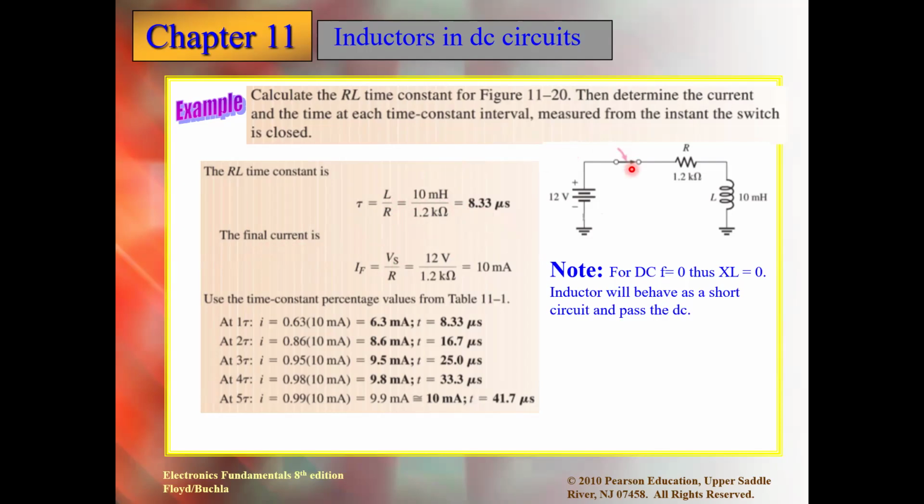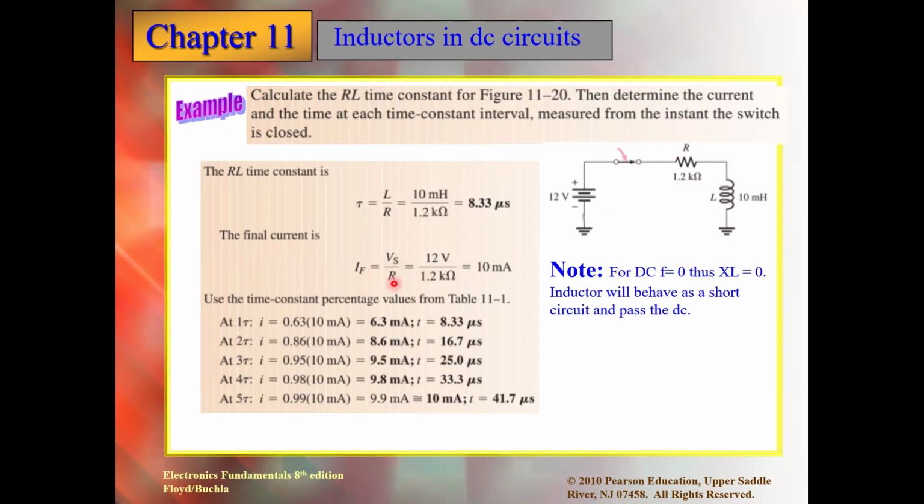Basically, when the inductor is fully charged, it becomes a short circuit, meaning all the current will pass through it. When it is a short circuit, there is no resistance, so the only resistance in the circuit will be R. So the final current, IF, is Vs, the total voltage, divided by the resistance in the circuit.